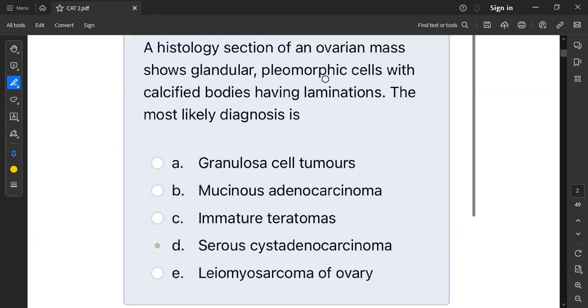Maybe we can give other tumors that present with sort of calcified bodies, which have a specific name. What do we call these calcified bodies? Yeah, exactly. We call them psammoma bodies.